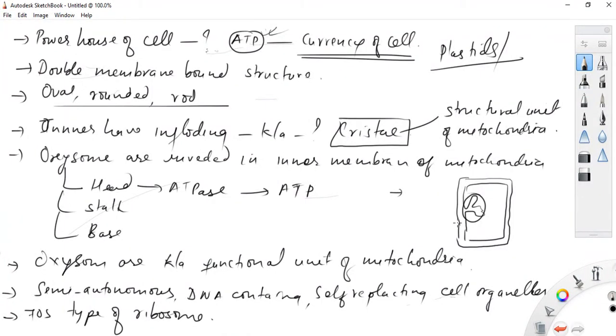The DNA found in prokaryotic cells is circular, and even the DNA found in mitochondria is circular. Another thing is the ribosome found in mitochondria is the same type as in bacteria.